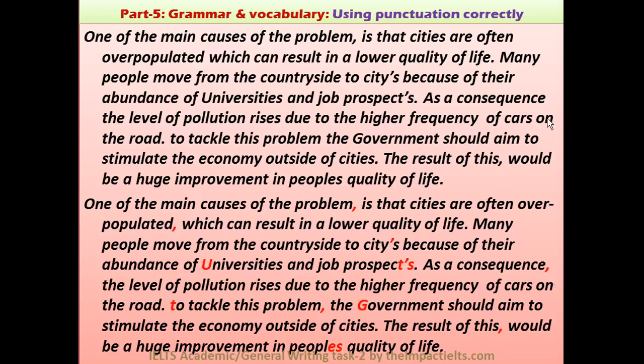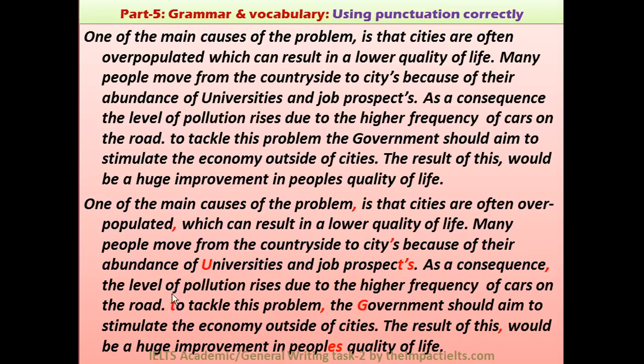As a consequence, now this is, as I have told you, using an independent and a dependent clause. So perhaps you can use a comma as a linker. Linkers like however and nevertheless, and all those, always take a comma. So, as a consequence, the level of pollution rises due to the higher frequency of cars on the road. To tackle this problem, now you can see a small t is not possible.